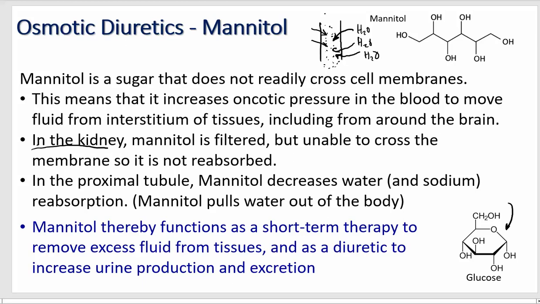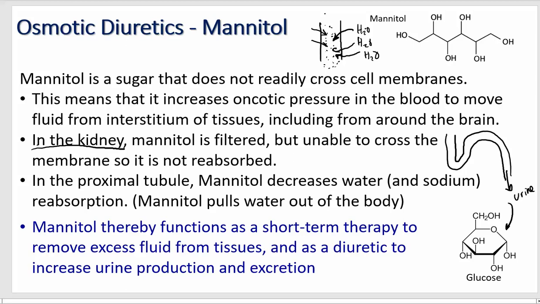So this is why we're talking about it. In the kidney, mannitol is filtered, but again, it's not able to cross that membrane, so it is not reabsorbed. So it pulls that fluid out, it goes to the kidney, and then it just follows all the way through and is lost as urine.